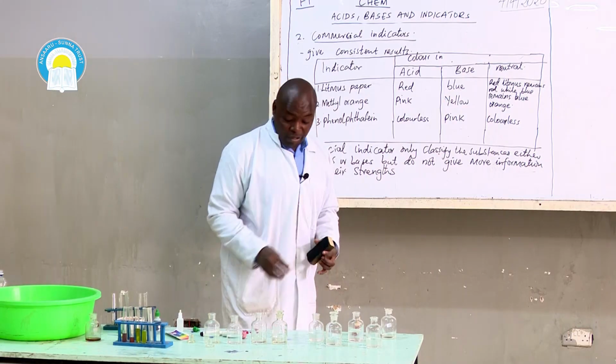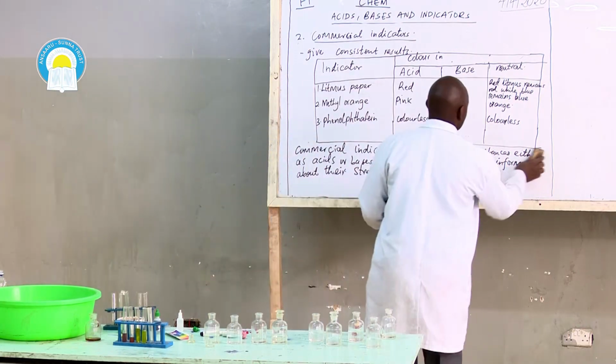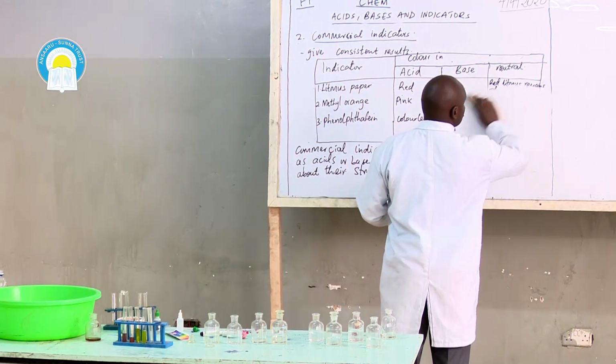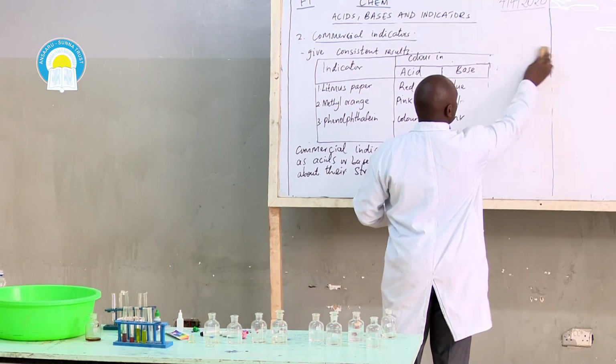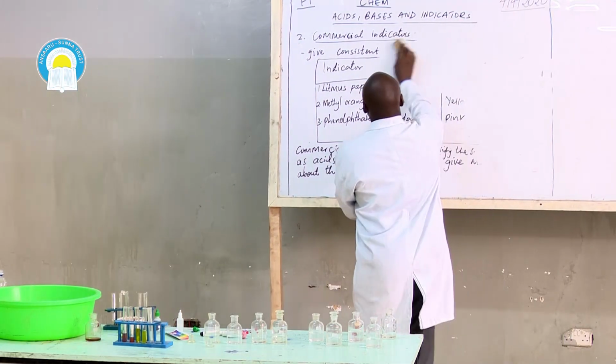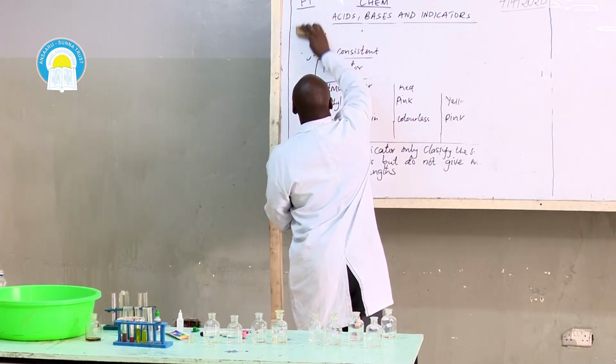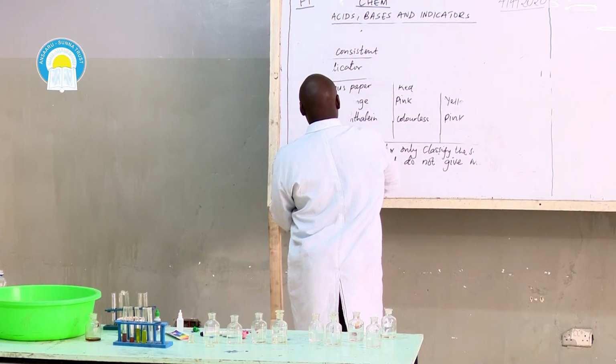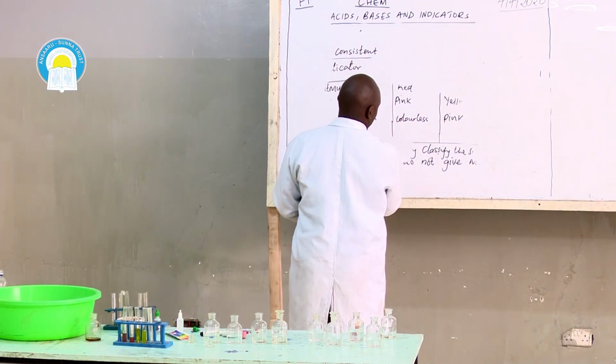So to give more information about the strength of acids or bases, we use what we call universal indicator. Indicator number 3 is universal indicator.